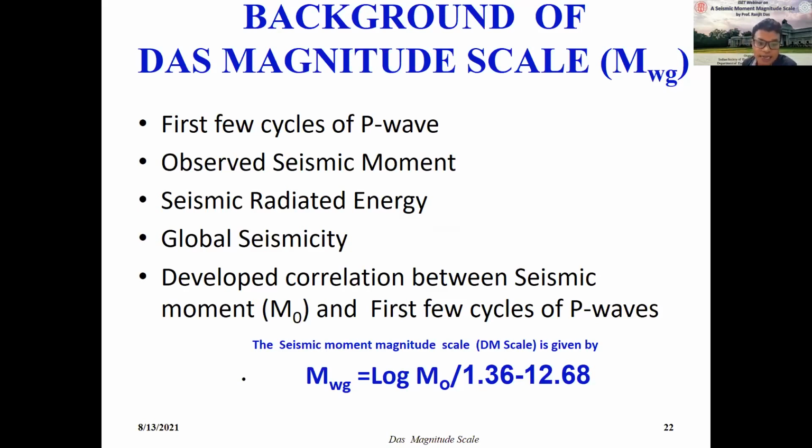We also consider the seismic radiated energy, and we consider the global seismicity while we analyze our results. And then we develop a correlation between the seismic moment and the first few cycles of P waves. And finally, we come to this: MWG equals log of M0 divided by 1.36 minus 12.68. This is roughly how we developed this scale.